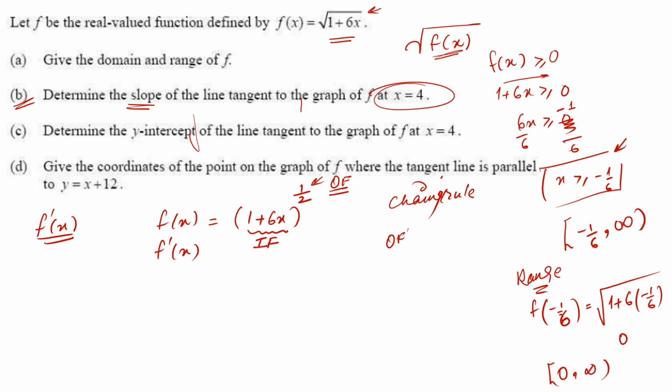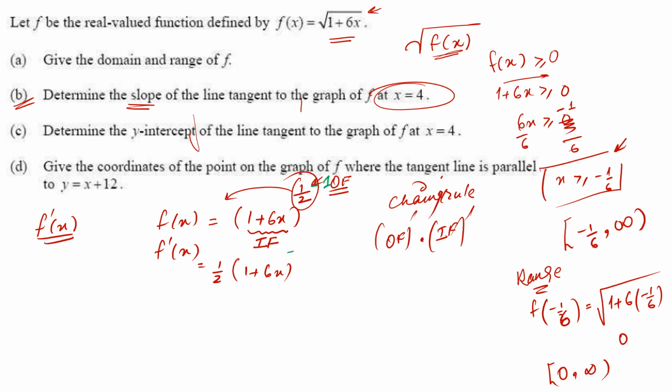The outer function is a power, so apply the power rule: bring the power before the function, write the inner function as it is, and from the power subtract 1, that means 1/2 minus 1, which gives us negative 1/2.